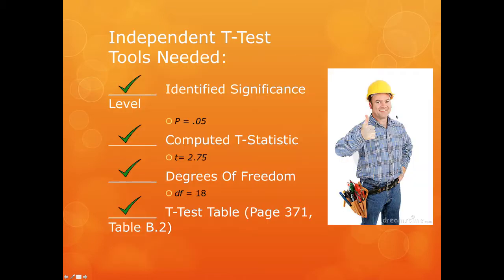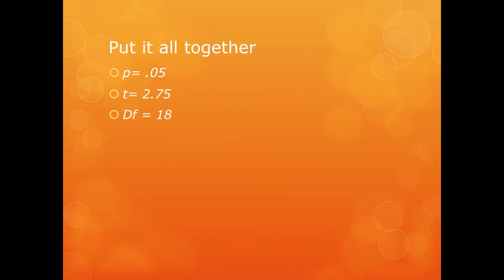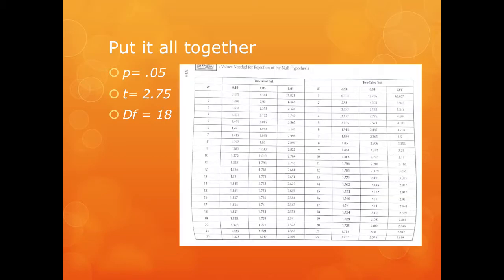In our example, we have an alpha level of 0.05, an obtained t-test statistic of 2.75, and we know that our degrees of freedom are 18. It's a two-tailed test, 0.05, middle column, degrees of freedom 18, and where the two meet, that is our critical value.